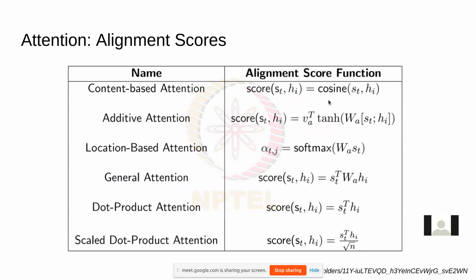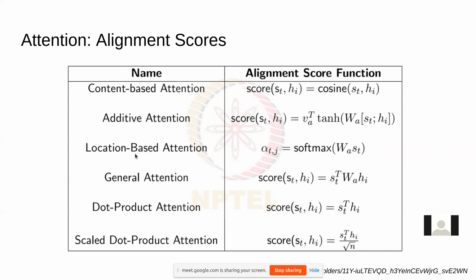So there can be multiple ways of scoring the similarities. One is content-based attention, in which you just compute the cosine similarity between the current state and the hidden state. Then there can be additive attention, in which score of st comma hi is equal to v transpose into tanh of W, and these W's and v's are values which can be learned using backpropagation.